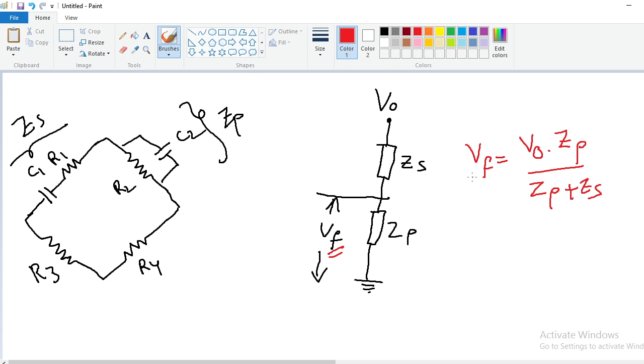So VF divided by V0, that is equal to beta, is equal to ZP divided by ZP plus ZS. This is the basic equation.